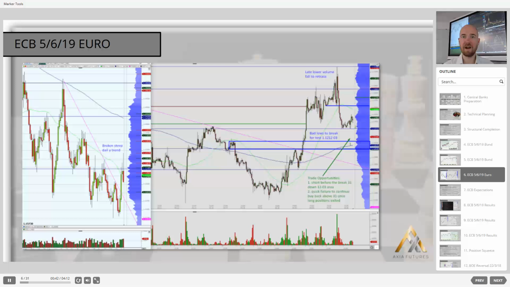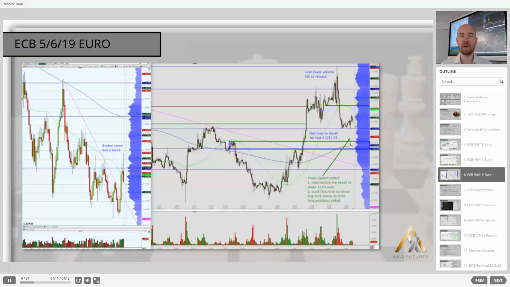Now, the similarity with the Bund is the poor lows. These come in at 112.31. This is where you get a structural completion trade. What you're going to be looking for is any move down towards 112.31 could potentially provide quite a quick flush through. Because this level's been traded, and you can see it on the hourly chart on the right, this level's been tested 5 times with no break.